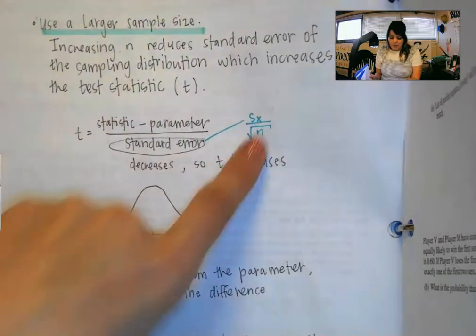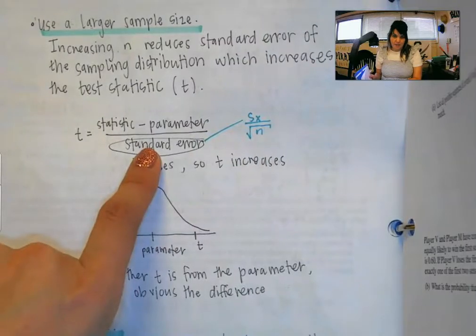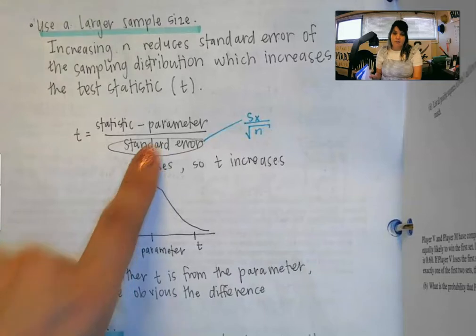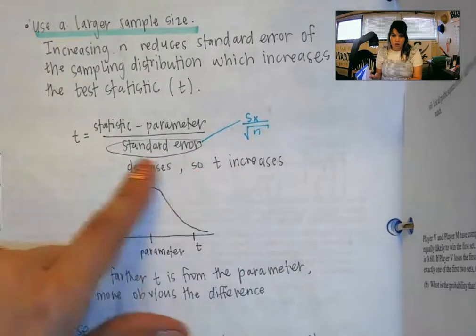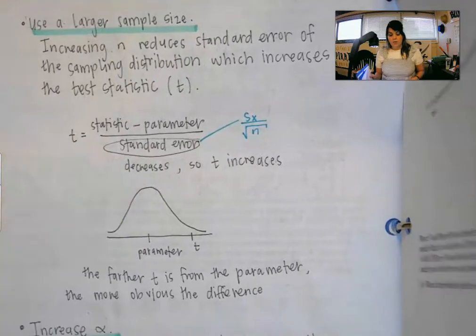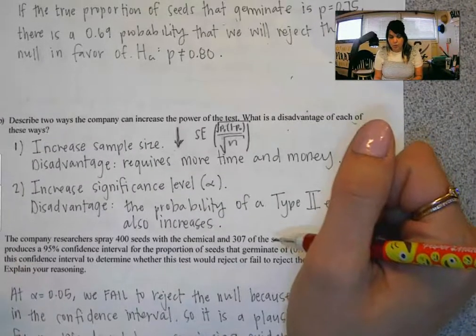When you decrease your standard error, because it's in the denominator for your test statistic, when you make this smaller, then the overall test statistic increases. So that's why increasing sample size gives you more power.